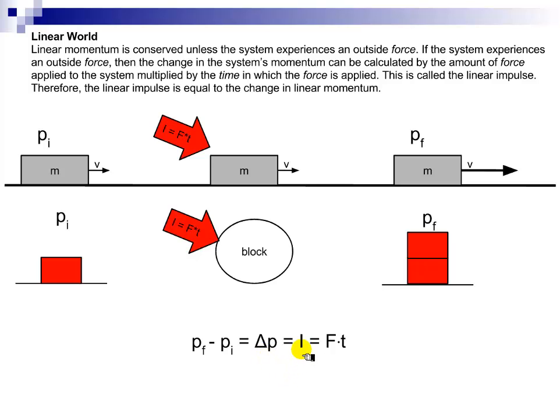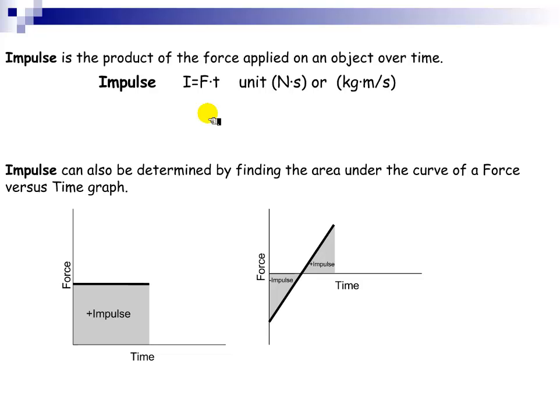And the impulse can also be calculated by taking the force and multiplying that times the time. The units for impulse are Newton seconds, or we could use kilogram meters per second. Notice that's the same units as momentum.